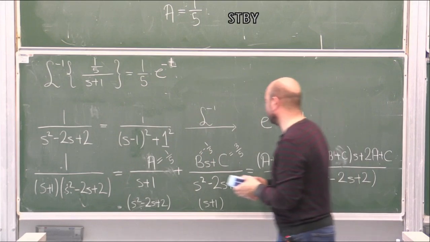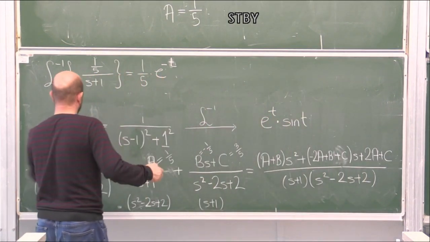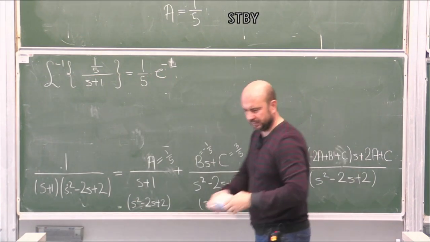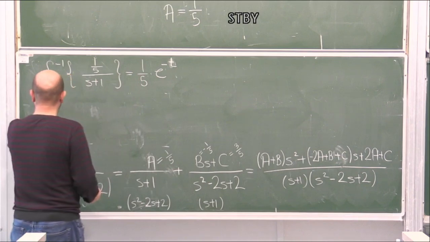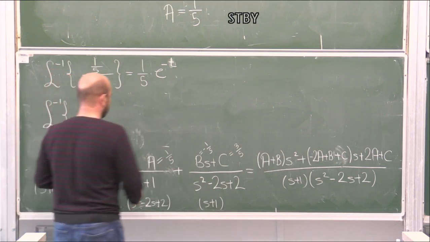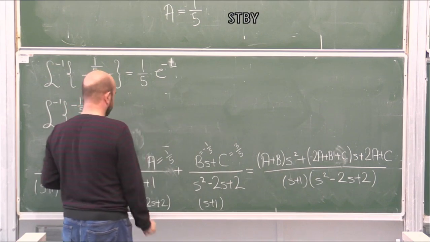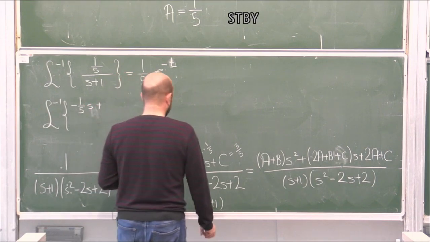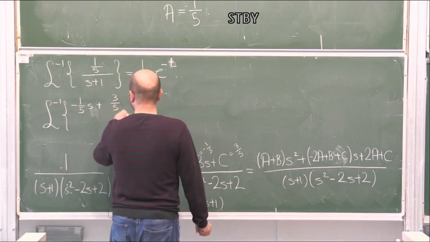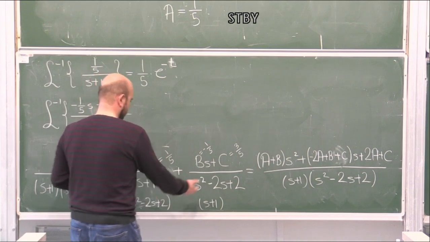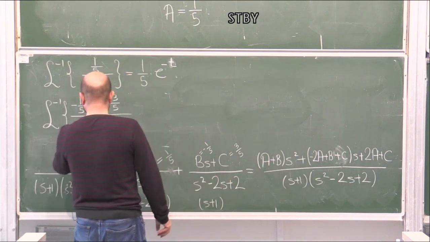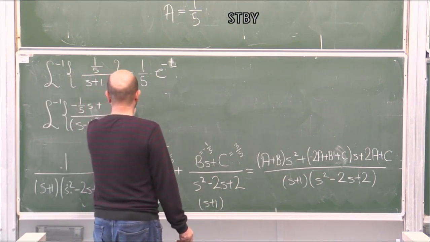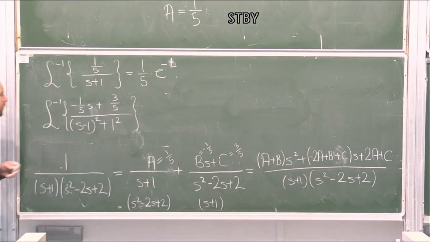All right, now the second one, this ugly one. How about this one? The Laplace inverse of minus 1 over 5 s plus 3 over 5 over, I can easily write this way, s minus 1 squared plus 1 squared.